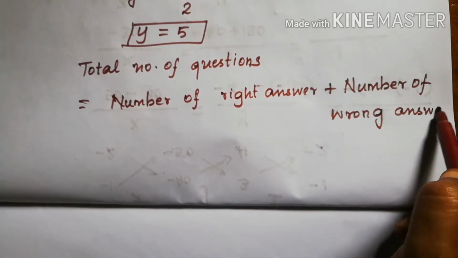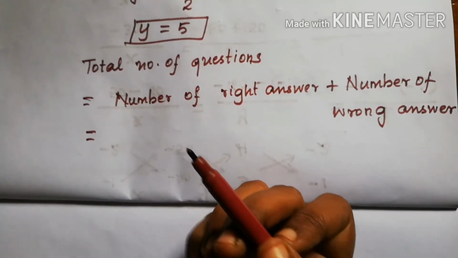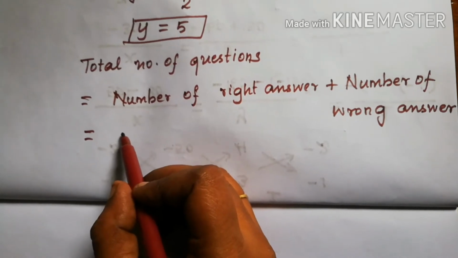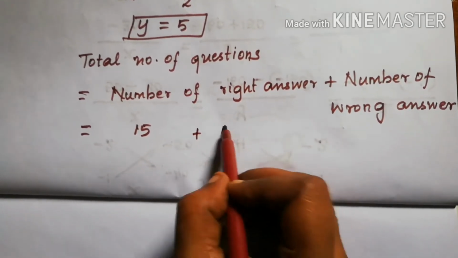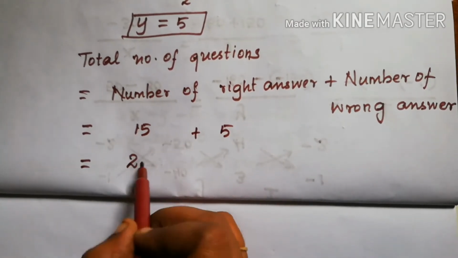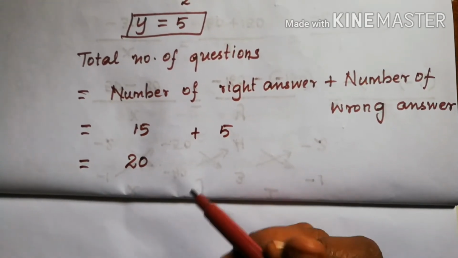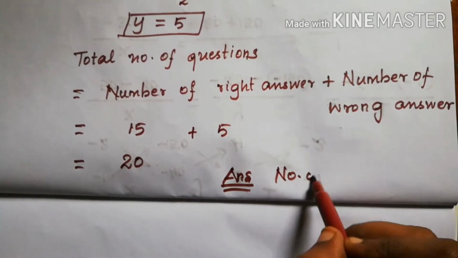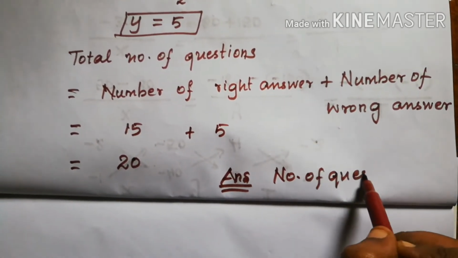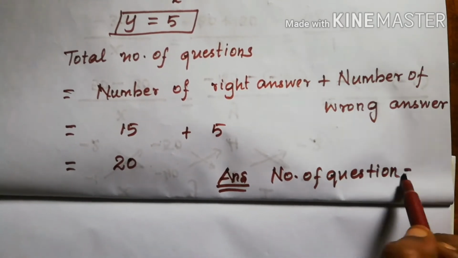So we have taken the number of right answers as x. What is your x value you have got? X is equal to 15 and number of wrong answers as y, that is 5. So total number of questions is 20. So therefore the answer is number of questions is equal to 20. Is it clear, students?